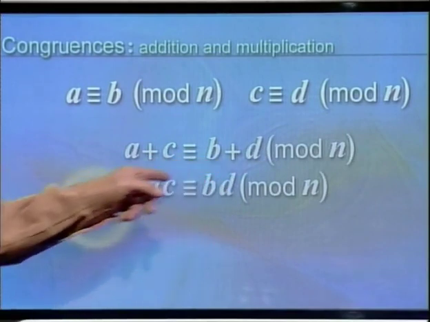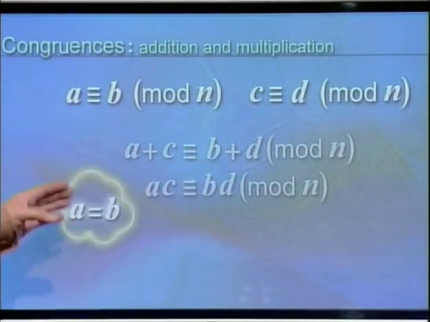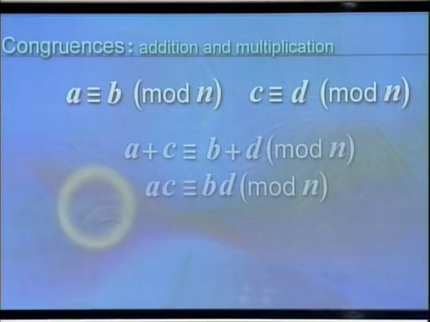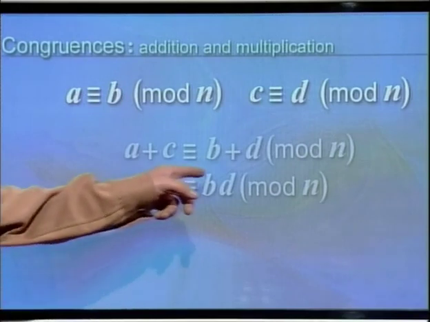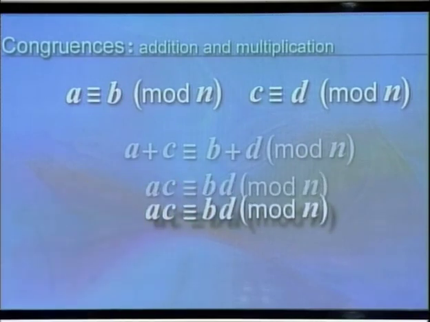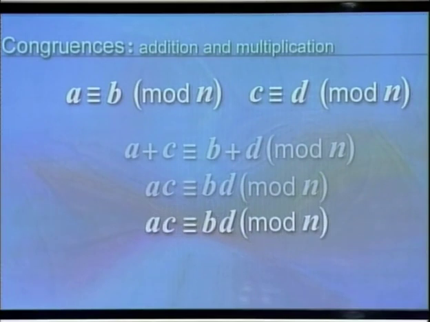Let's just for a second look at the second statement and imagine that if A was equal to B, what would happen here? Well, if A and B were the same, we could rewrite this as AC is congruent to AD mod n. And this gives a very important general property that for any integer k, kc is congruent to kd mod n.